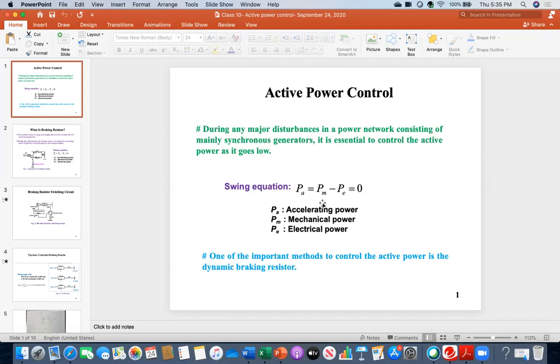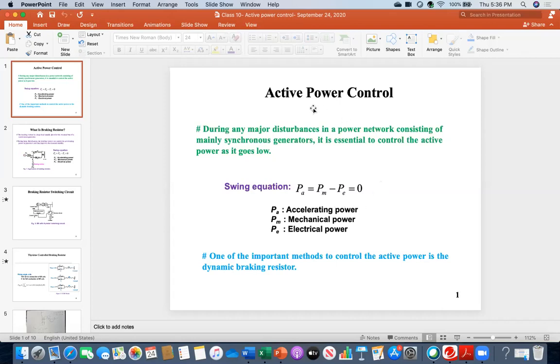Of course, there can be an issue on the prime mover side, but typically input remains constant. In majority of cases, the problem is in the network side, the electrical side. So whatever the type of the disturbance is, P goes low.